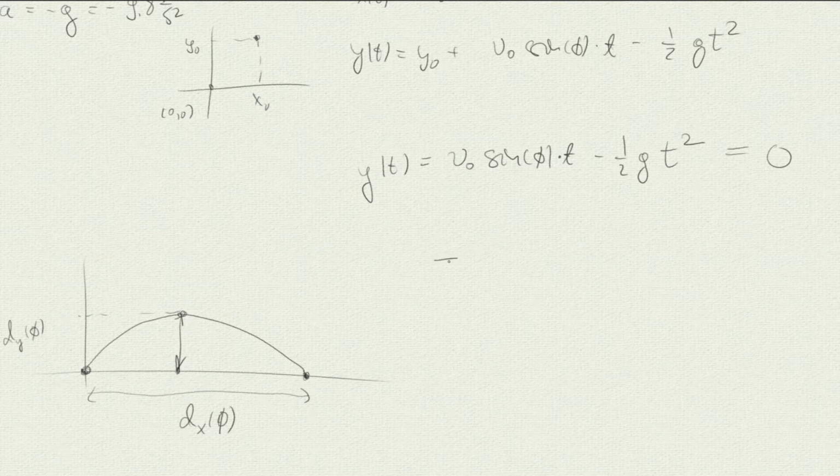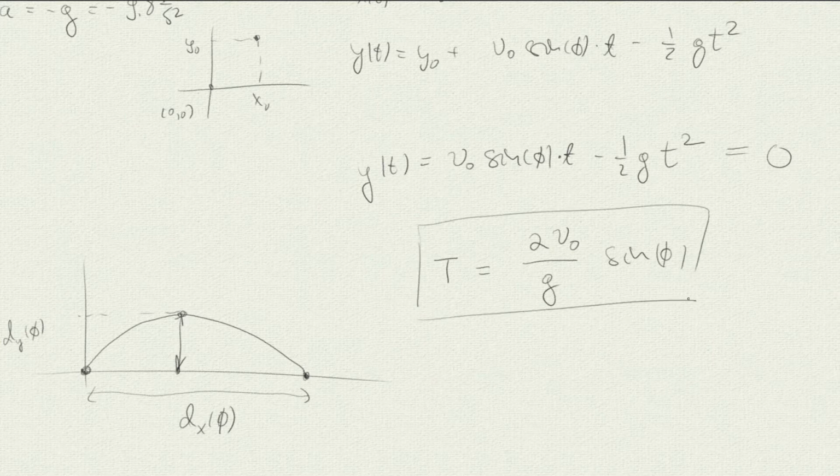And so we get that the time of flight for the particle is, we move it to the other side, twice v0 divided by g, times sine of phi, if we move it there and then divide. So this is our time of flight. And at the middle of our time of flight, by symmetry considerations, we're going to have this peak.